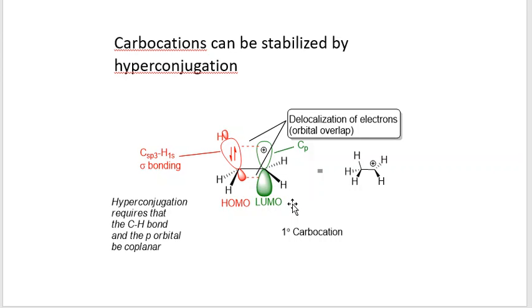The carbon-hydrogen bonds next door to a p orbital can donate a little tiny bit of their electron density, as bond rotation occurs, to the positively charged p orbital. And so the more CH groups that you have around your carbocation, the more stabilized the carbocation will be.